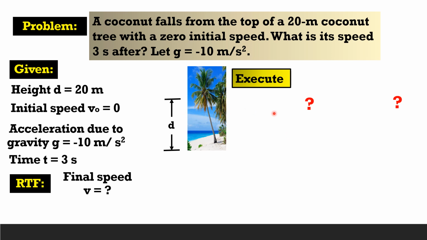So once again, two different answers came out in our computation. The first one, v equals 30 meters per second, was the answer if equation 1, v is equal to gt, is used. The other answer, v equals 20 meters per second, was obtained when equation 2, v is equal to square root of 2gd, was used.